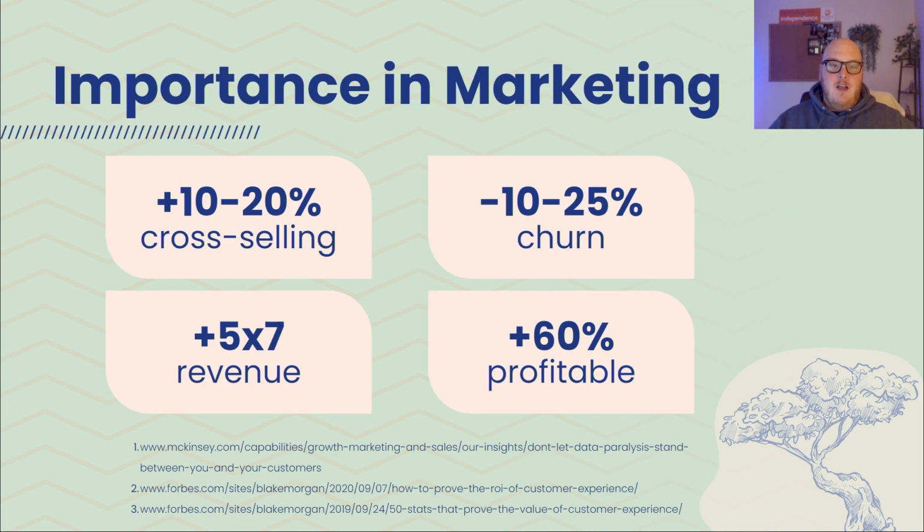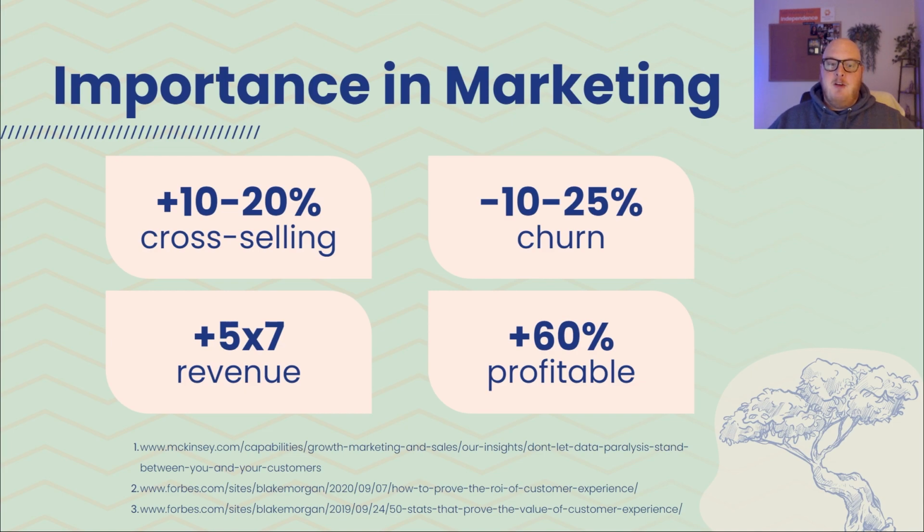They also saw a 10 to 20% boost in cross selling, so the ability to add more sales on, and also a 10 to 25 basis point reduction in churn. So they're keeping customers longer, cross selling them more, and having to service them less, all really boosting profitability. They aren't alone though. Forbes found that customer centric companies are 60% more profitable than companies that don't focus on customers.